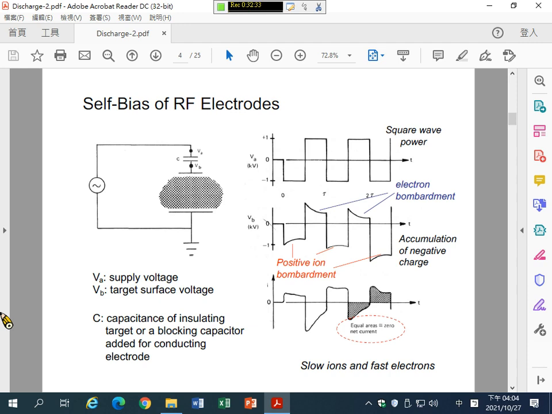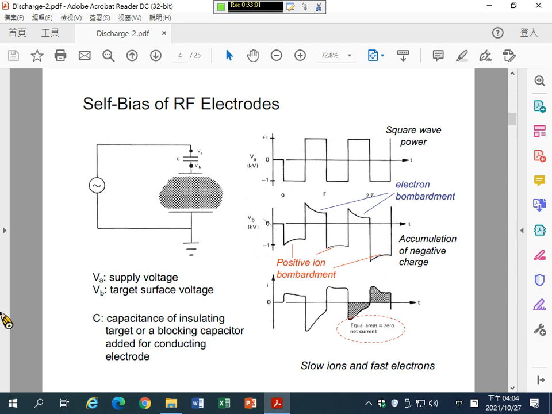So for the RF operation, if there is no blocking capacitor, the transient voltage distribution looks like this. So both electrodes behave as anode and cathode alternatively for each half cycle.